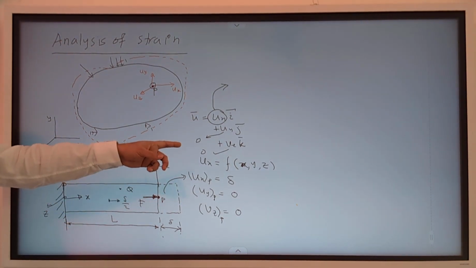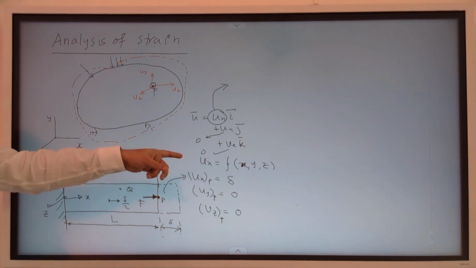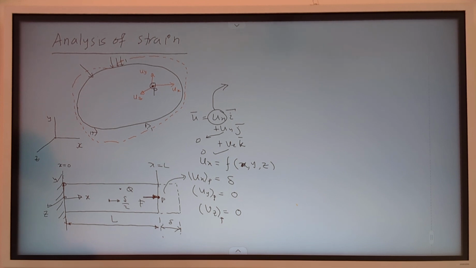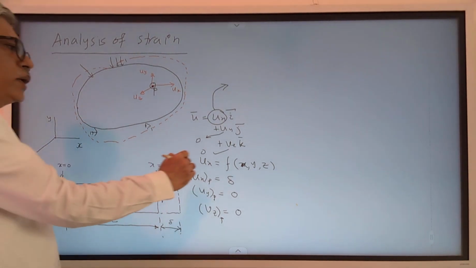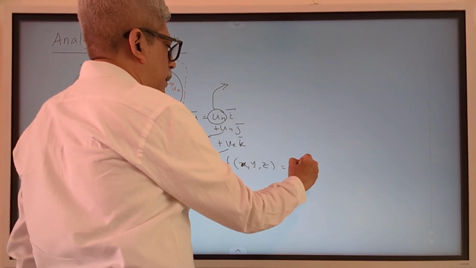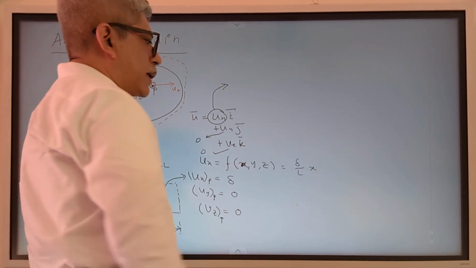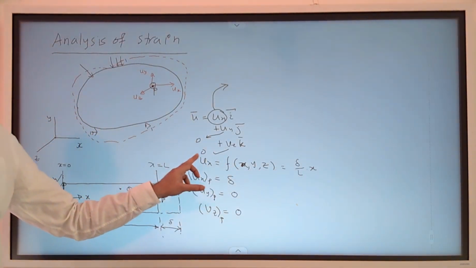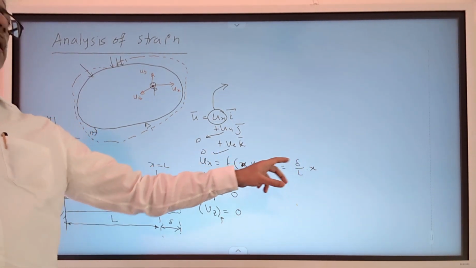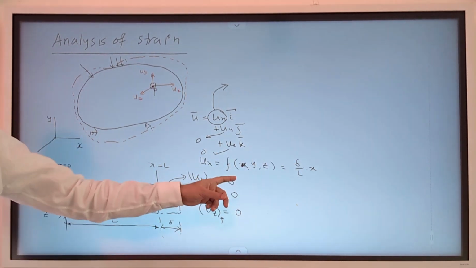So, in general, can you write what will be the value of ux in terms of x? Delta x by L. That's right. So you will have the ux for this particular problem. It will be delta by L times x. When x equal to 0, the ux is 0. When x equal to L, the ux is equal to delta, and at any point in between it will be proportionate.